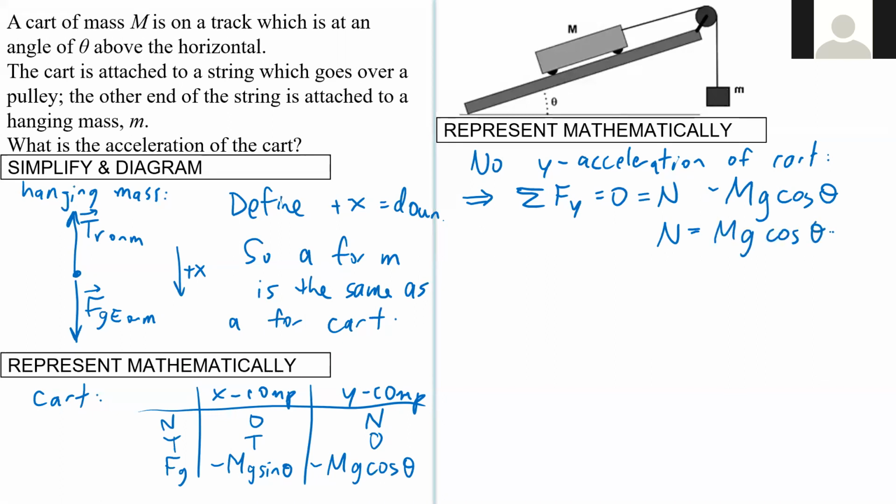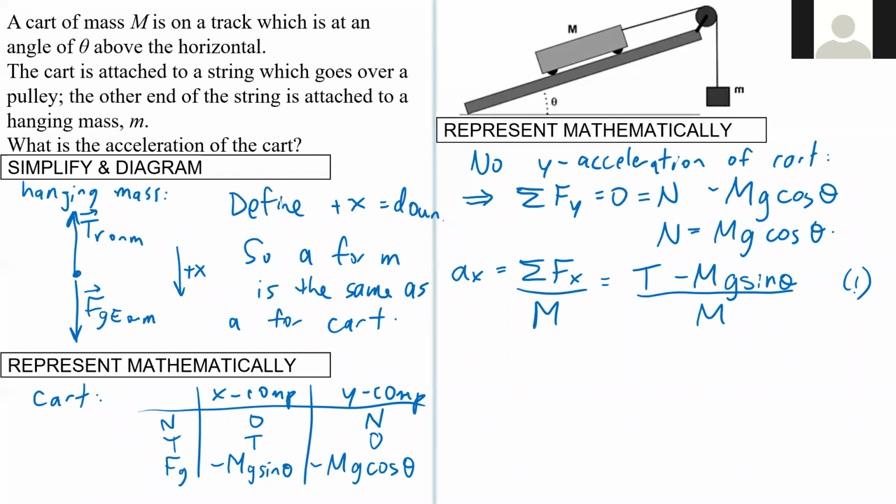I don't actually think we need that here, but anyway, it's good to have it. Also, a sub x is going to be equal to the sum of the forces in the x direction divided by capital M for the cart. You're going to have T minus Mg sine theta, divided by M. I'm going to call that equation 1.